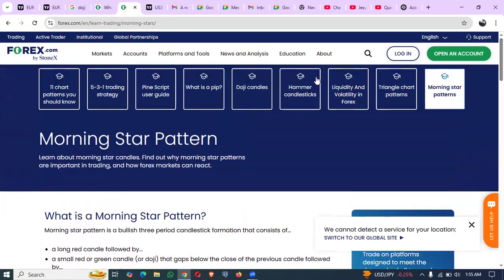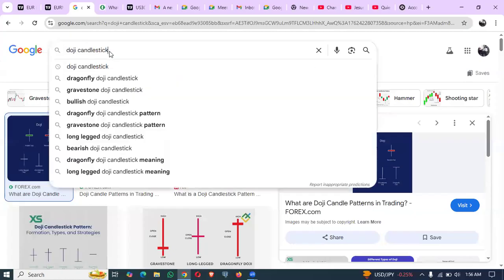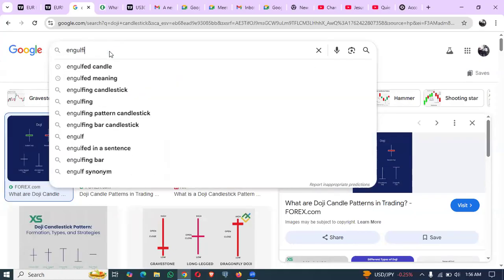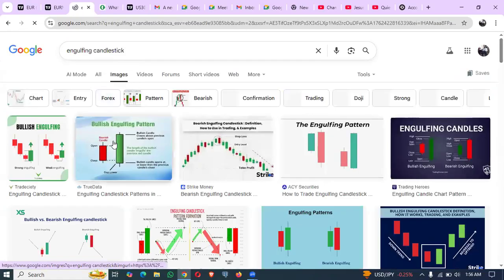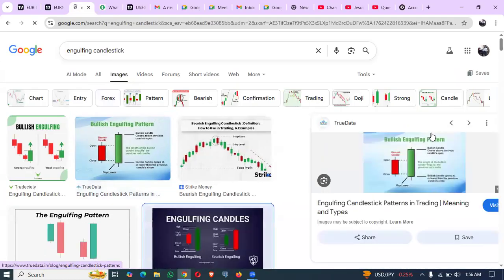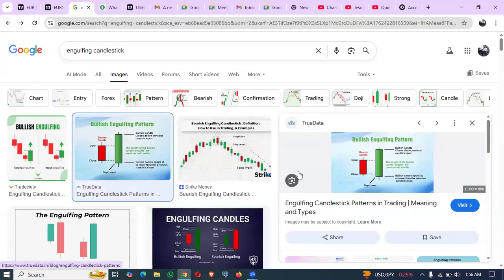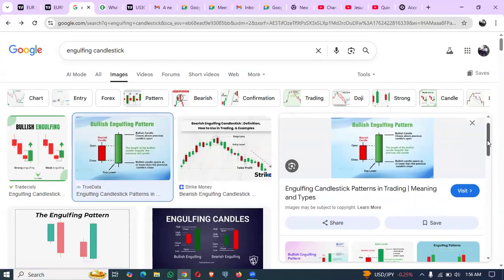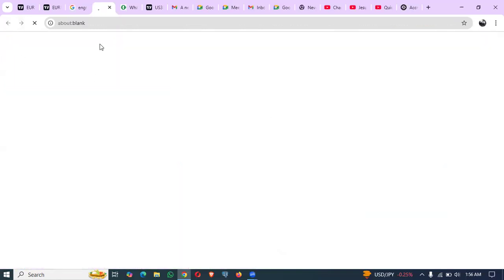Then the last one is your engulfing candle. This is your engulfing candle here.